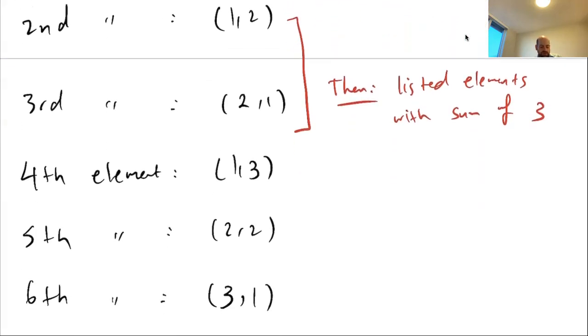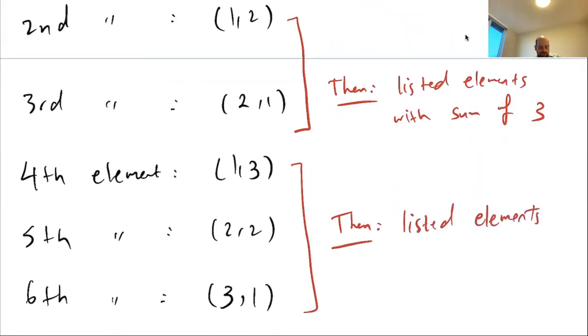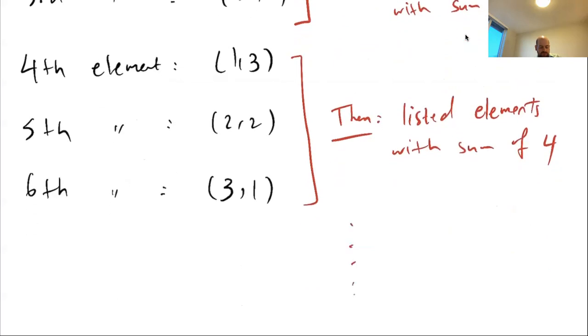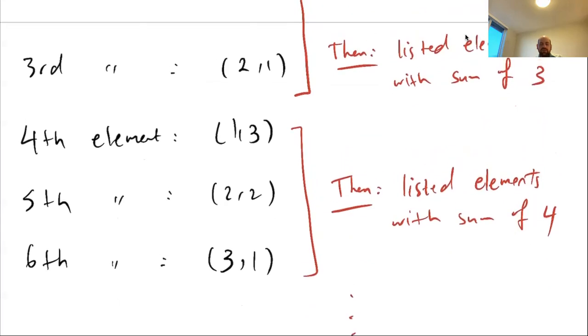Then we looked at the elements with sum of 4, and so on. Among all elements which have sum of 4, we start with the pair whose first coordinate is 1, and then the pair whose first coordinate is 2, and so on.